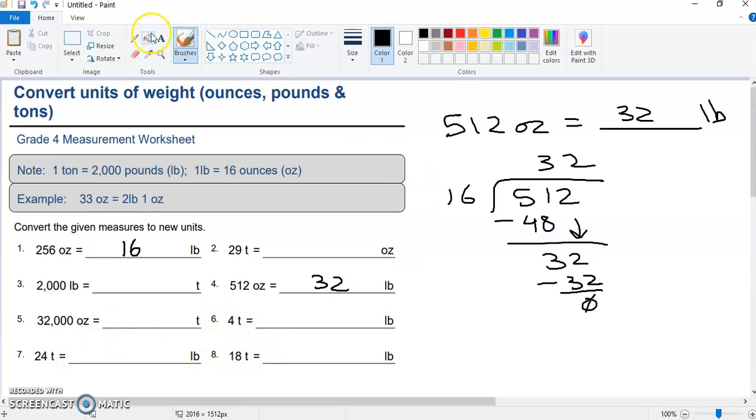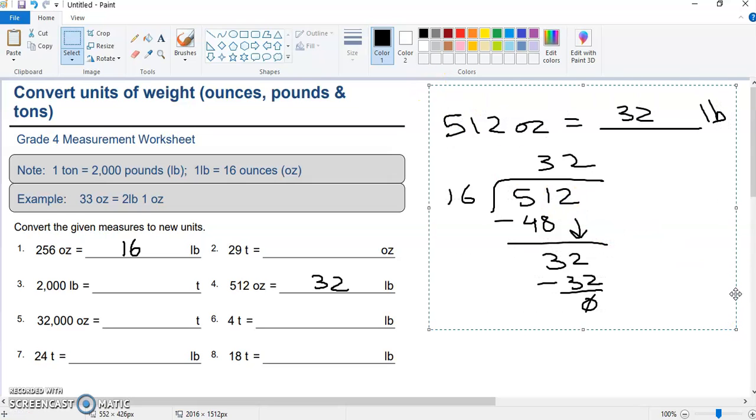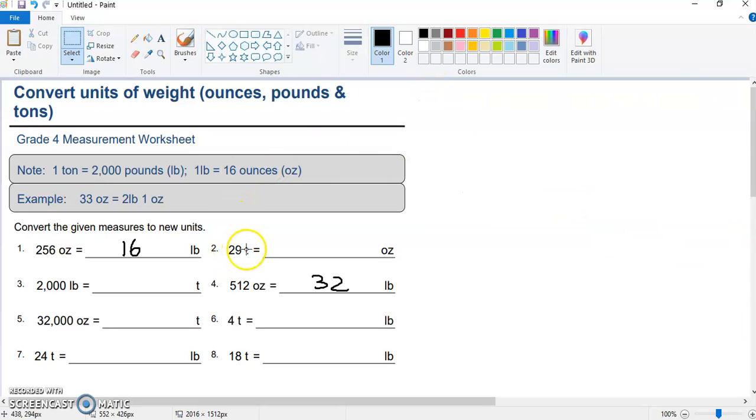Okay, let's look for a different type of conversion now. What does the next one want? How about tons to ounces? Okay, so this is where the numbers might get large because you have a really large unit, right? Tons are huge. You have 29 of those tons. The letter T means tons.